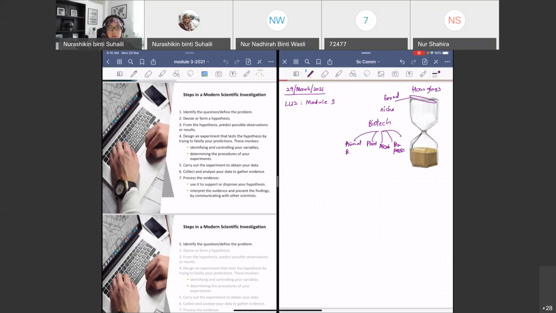FYP1 is 3 credit hours and FYP2 is 5 credit hours. So means that the weightage of time that you spend will be more actually than other courses. And you have to do the experimental works at the lab. You have to like it in order to motivate yourself to proceed with it.